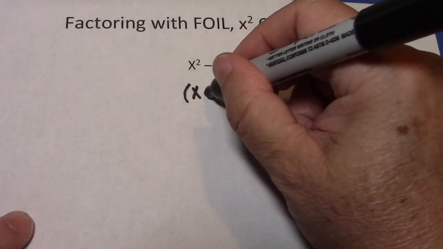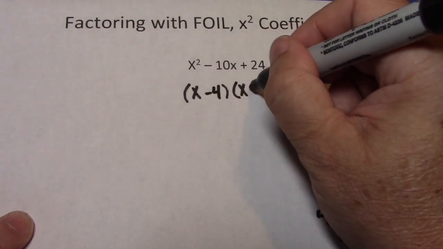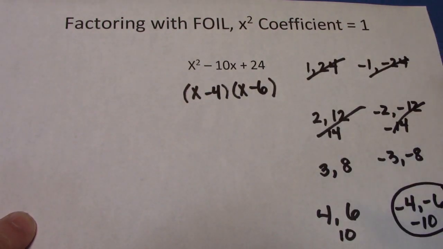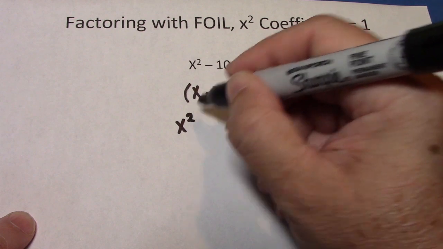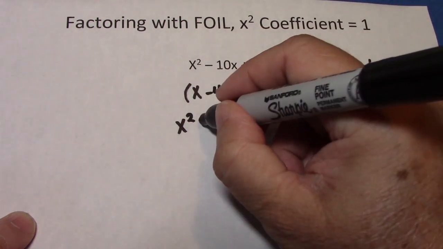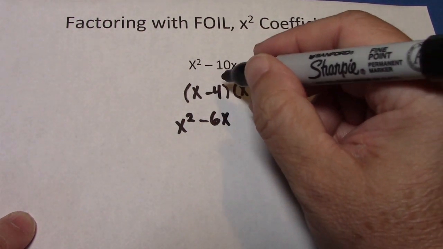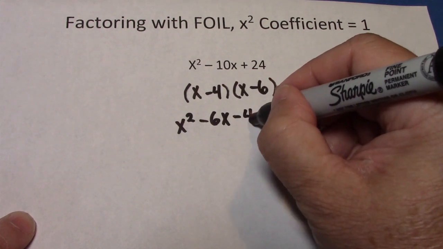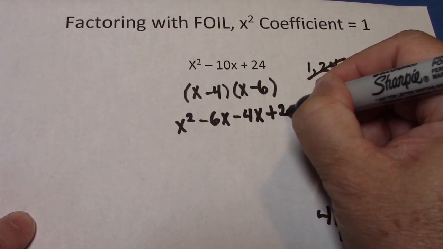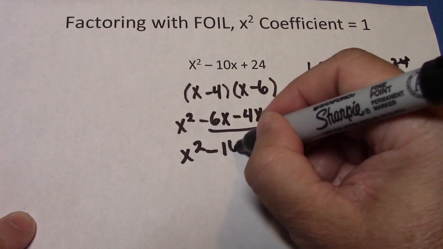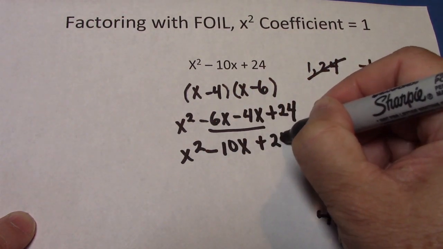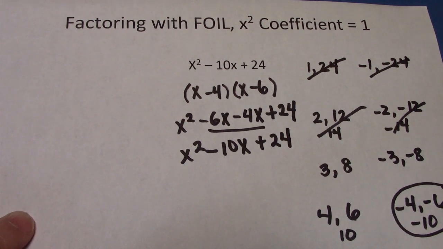So, negative 4, negative 6. Let's prove that works. X times x is x squared. Outer, x times negative 6, negative 6x. Inner, negative 4x, and the last is plus 24. Combining my like terms, and it works.